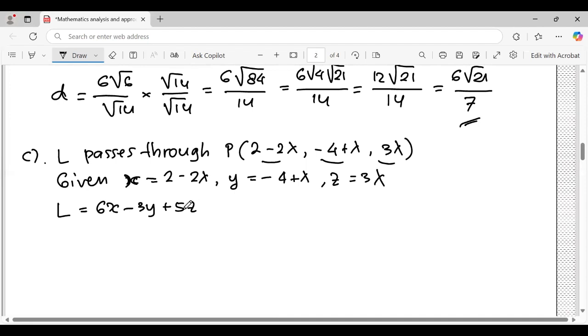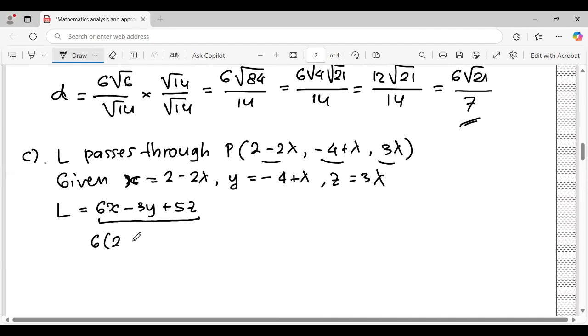According to the information, 6x minus 3y plus 5z equals 24. Let me substitute x, y, z into this expression and we can evaluate whether the result is 24 or not. Right, let's substitute.